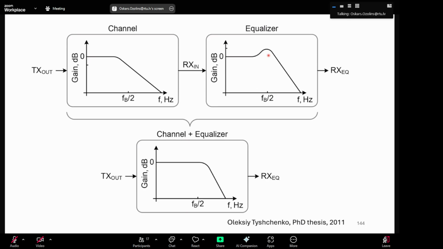And then these two equalizers can have very different parameters, depending on the linearity in the system, or, for example, not only linearity but the signal to noise ratio in a system.